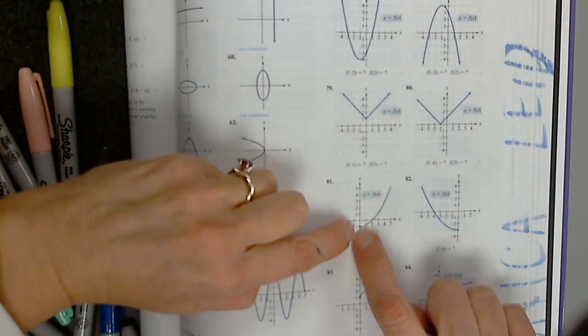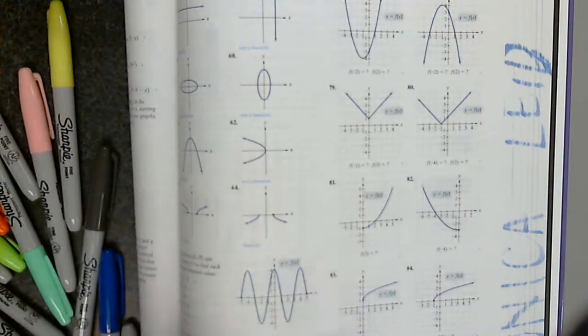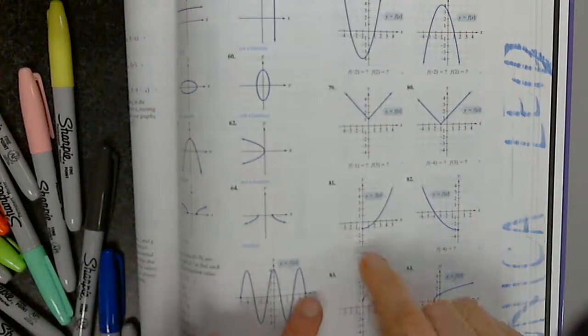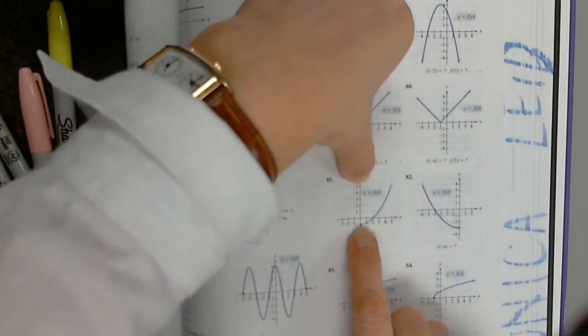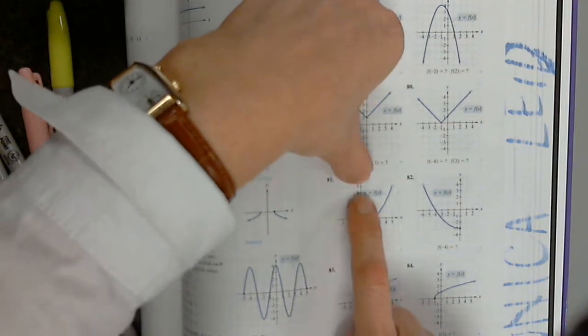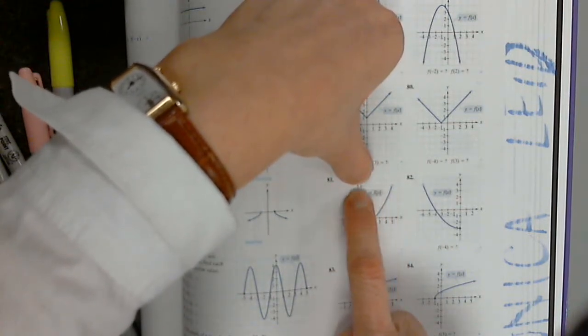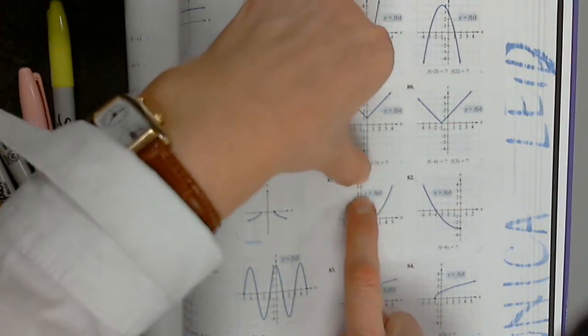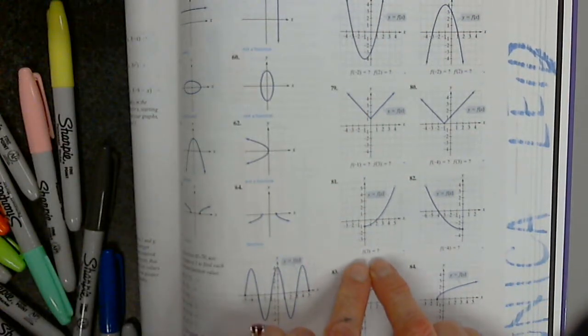This is a full point. Can anyone identify the range for us? From the lowest y value till the largest y value. From -1 with a bracket till, with a parenthesis.